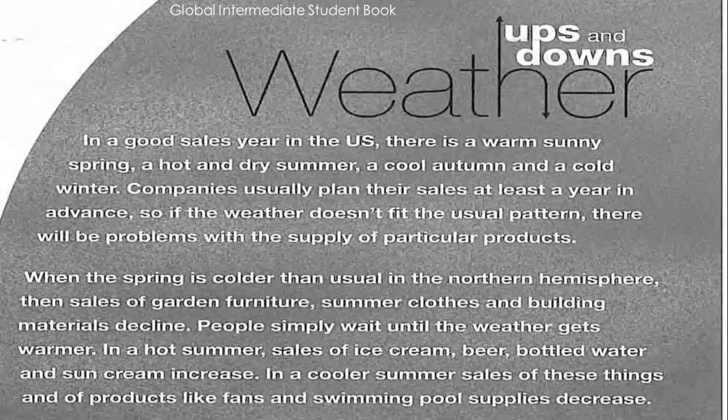When the spring is colder than usual in the Northern Hemisphere, then sales of garden furniture, summer clothes, and building materials decline. People simply wait until the weather gets warmer. In a hot summer, sales of ice cream, beer, bottled water, and sun cream increase. In a cooler summer, sales of these things and products like fans and swimming pool supplies decrease.